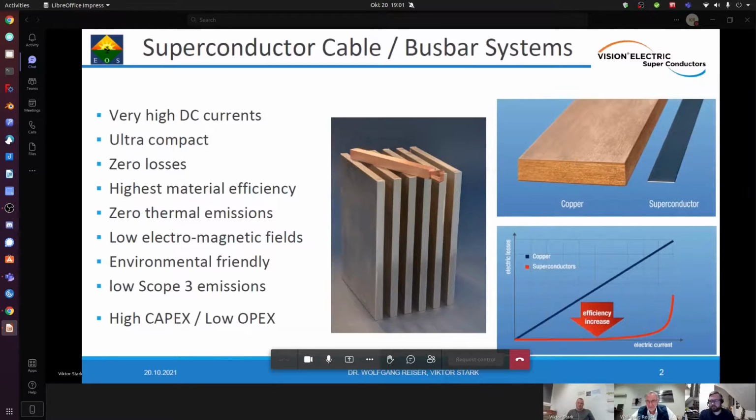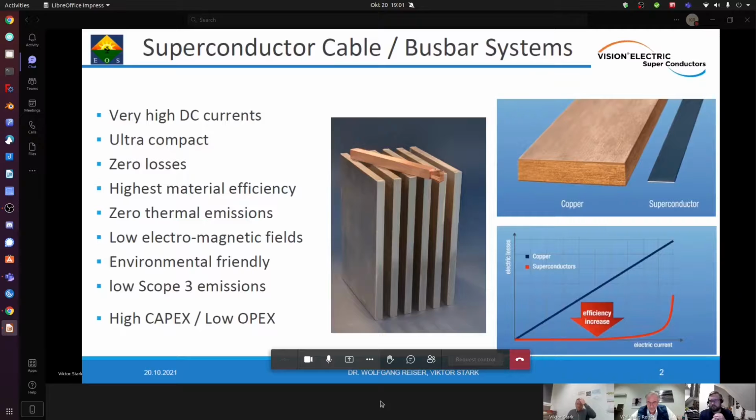Superconductors have a lot of benefits compared to the materials used today. The major and most important benefit is that you can conduct very high currents within a very small space.